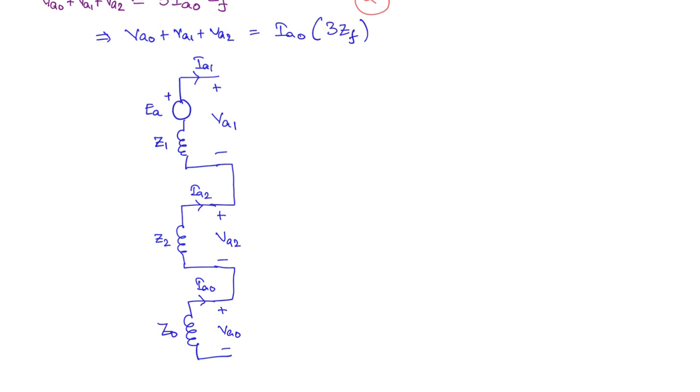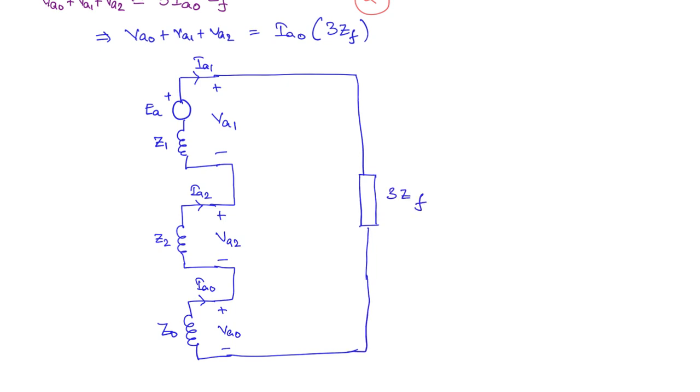So that means you are going to have an impedance of value 3 times the fault impedance, so 3 ZF, okay, and the current that is flowing through this is IA0 equal to IA1 equal to IA2, and this is related to the fault current as IF by 3.